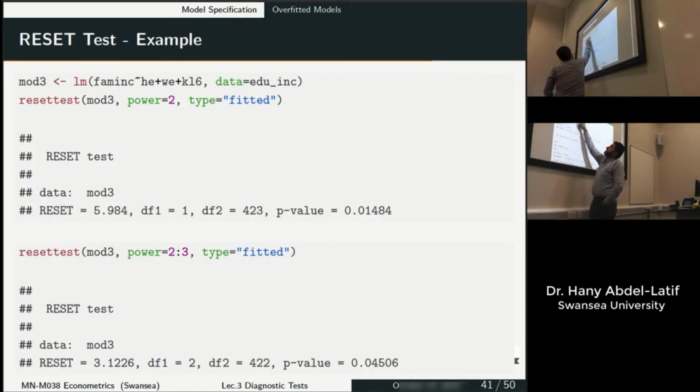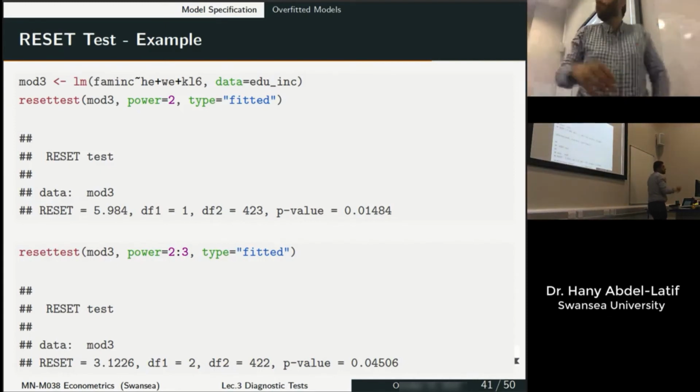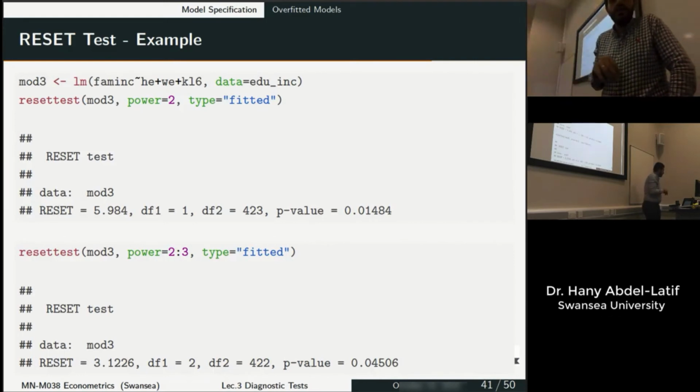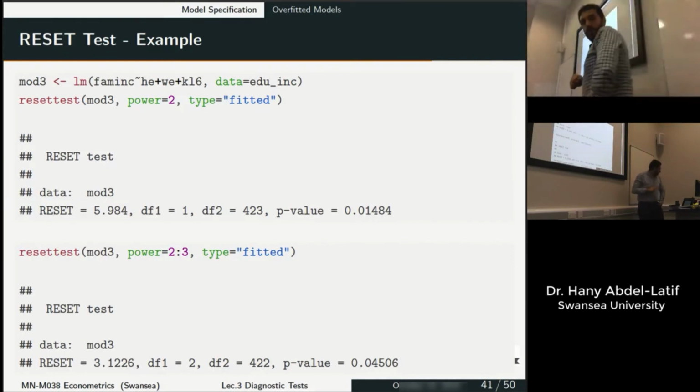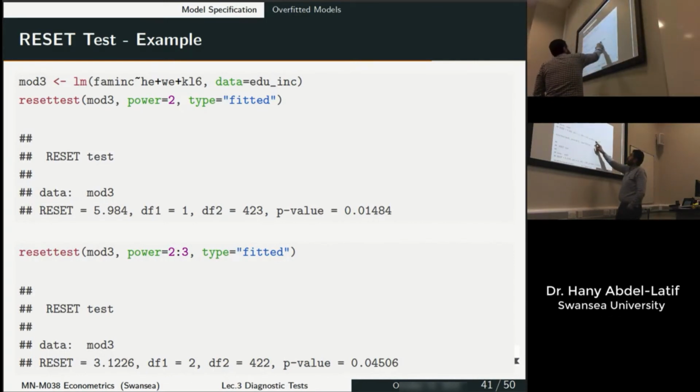So remember, this is the restricted model, and the function for that is the reset test, and you pass to this function the name of your regression model that you saved. I just call it model 3 here, and we look at the p-value. So what does that mean, this p-value?